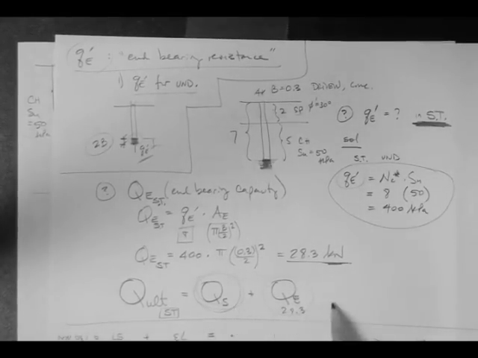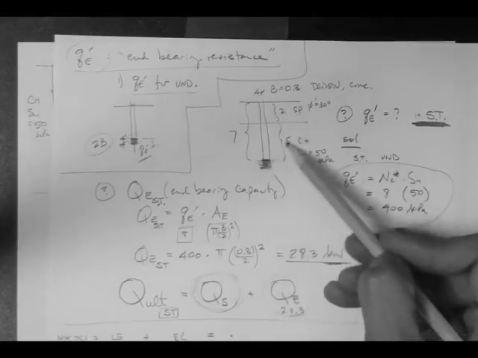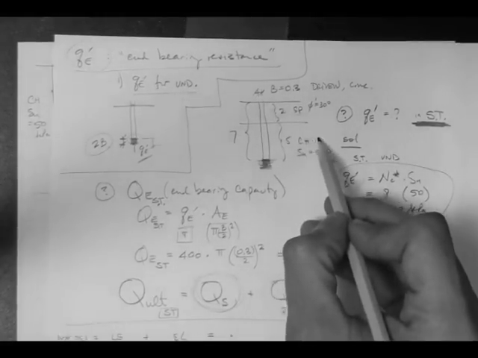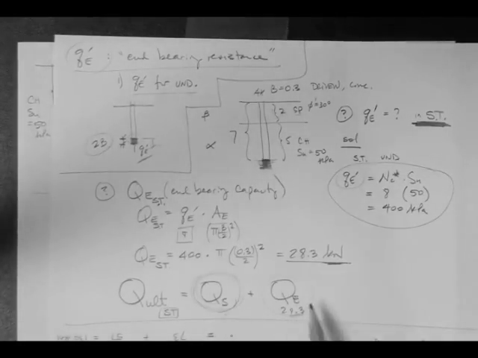Okay, so this is the answer that we got. We would then sum the side friction capacity if we had it, or if we calculated it. You can do it. In this case, you would use alpha for this layer and obviously beta for that one, right? Then you add and get the ultimate for the short term. Total capacity is the side friction capacity plus the end bearing capacity.